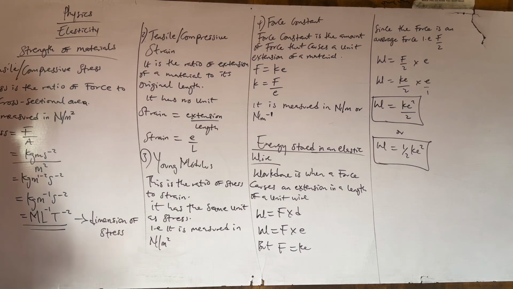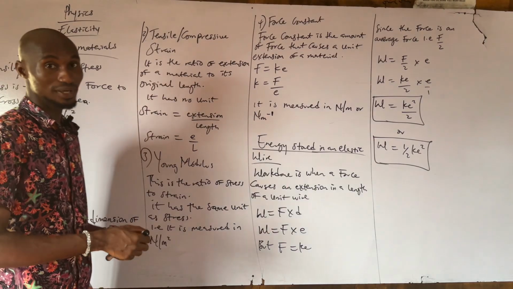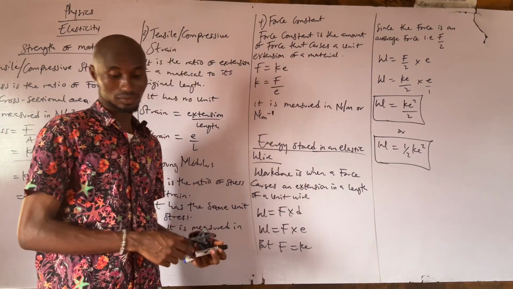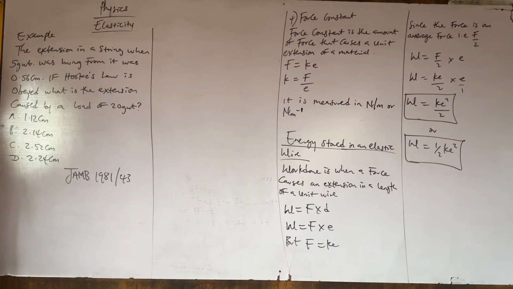Now let's try one example. Example: the extension in a string when a 5 gram weight was hung from it was 0.56 cm.